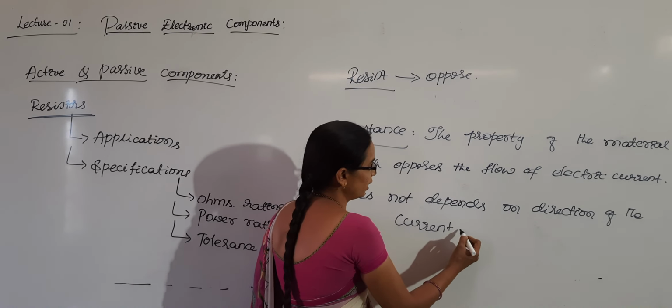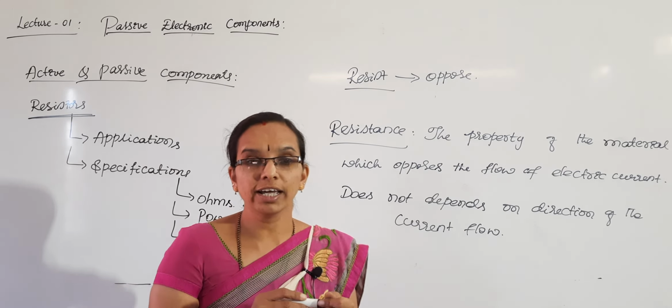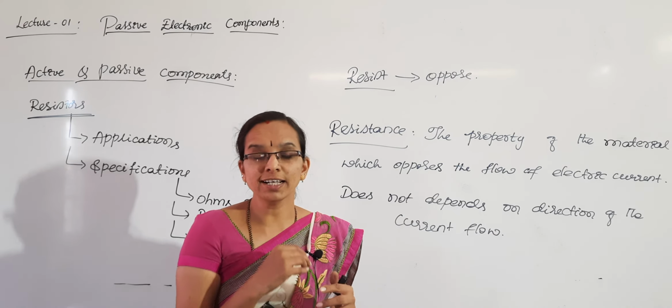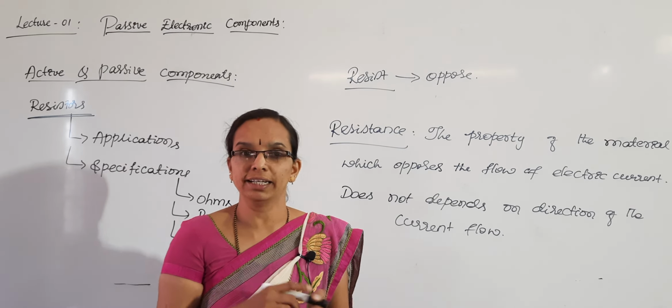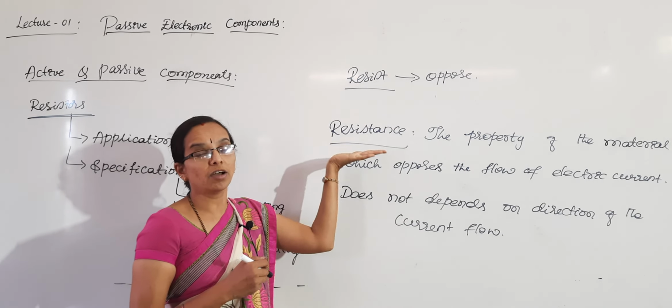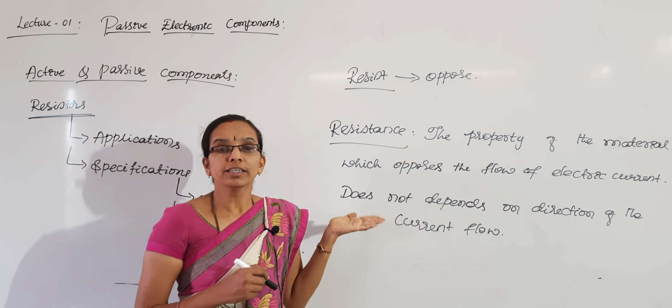Where will you find direction of the current flow? In AC and DC. In direct current, it flows in only one direction, whereas alternating current changes its direction periodically, right? So this resistance property of the resistor, or property of the material, will not be affected by the direction of current.